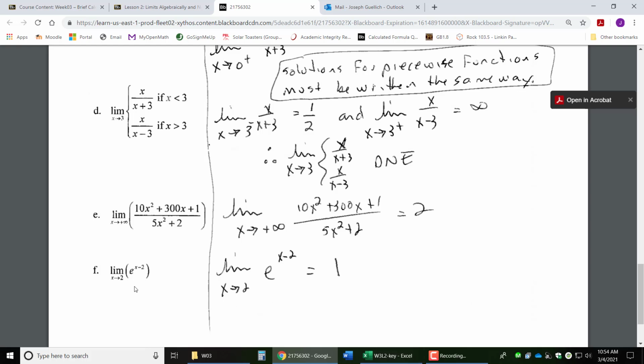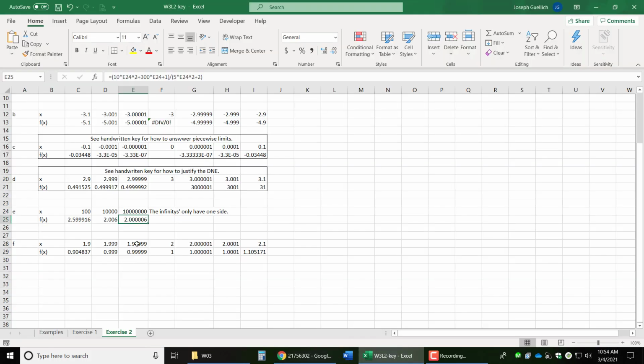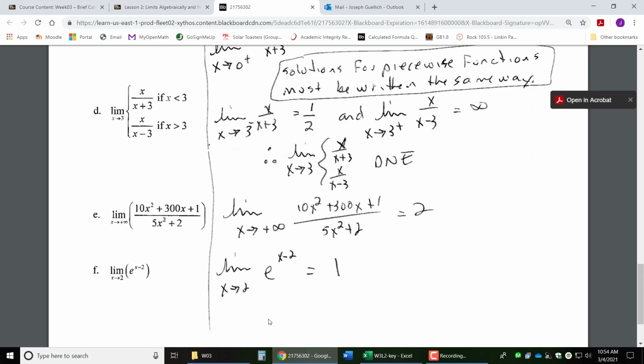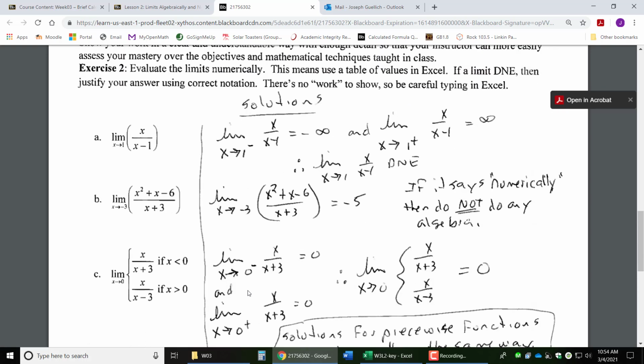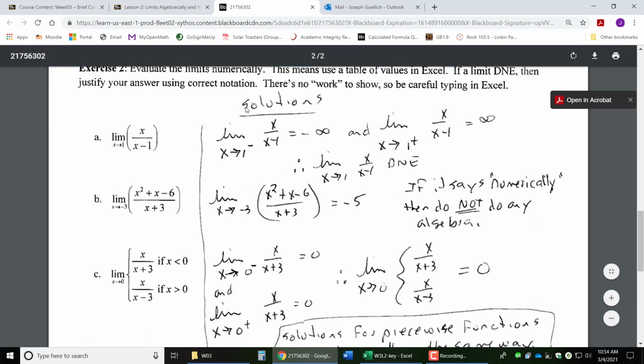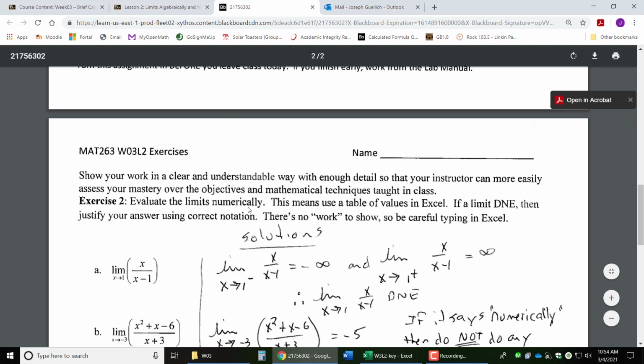Now, even though you can plug the number in and do it manually, algebraically or whatever, you want to do the table of values and then just write what is required for numerically. Doing more is just going to say you don't understand what this distinction is versus algebraically.